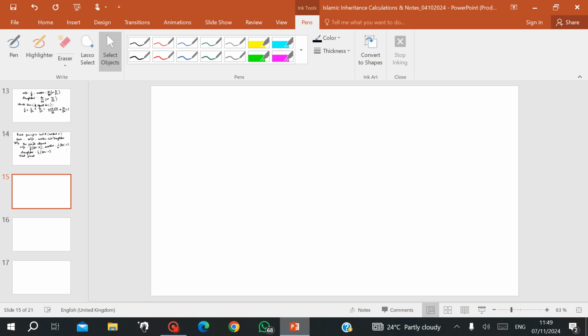So they will have a total share greater than their fixed share. The second method we want to attempt now, we deal with the issue in 2 stages. First of all, we assign the share of the one that is not entitled to radd, and then we have a new base and then calculate from there. So let's go ahead.